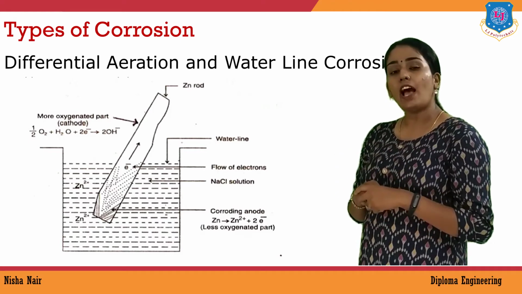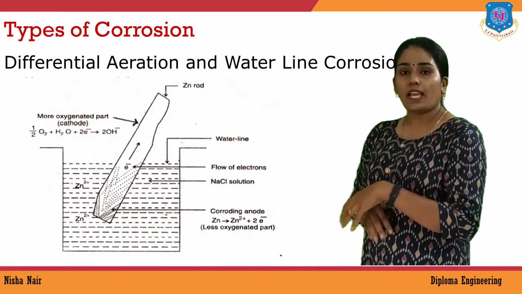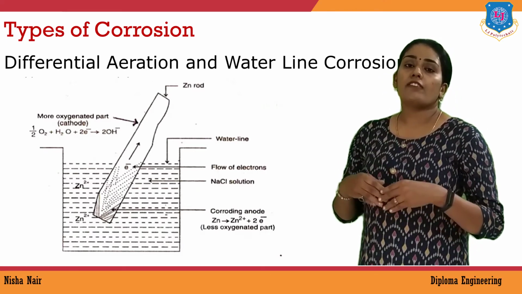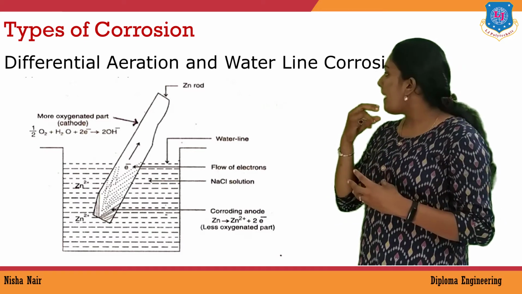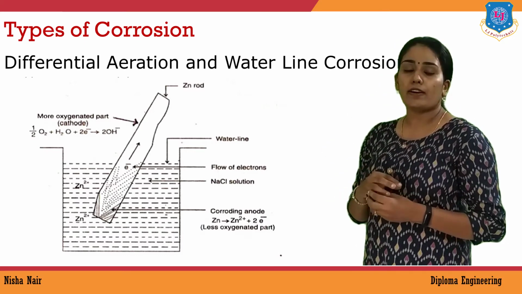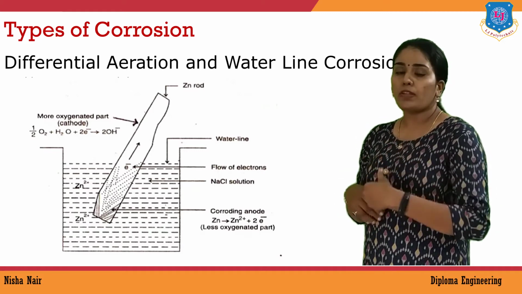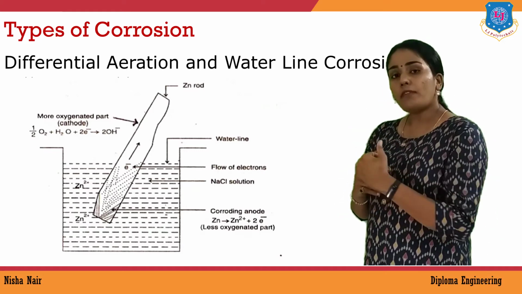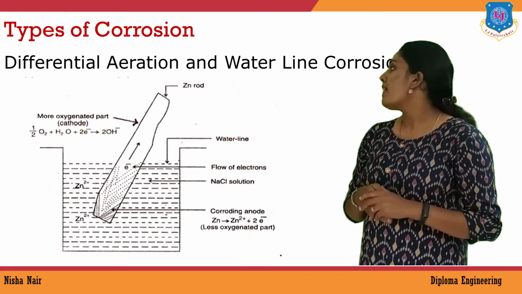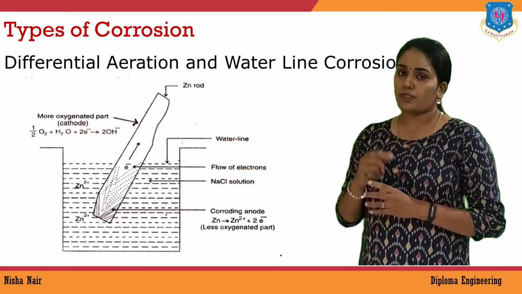So what will happen is that on the lower part the oxidation reaction takes place. That becomes the anode part. The oxidation reaction takes place there, and the upper part becomes the cathode part, where the reduction reaction occurs. The oxygen from the atmosphere will come and sit on the upper part of the metal, and that oxygen will take electrons from the lower part of the metal. So the lower part of the metal gets oxidized, converting from metal to positive ions, and those electrons are absorbed by the oxygen sitting on the surface of the metal on the top side.